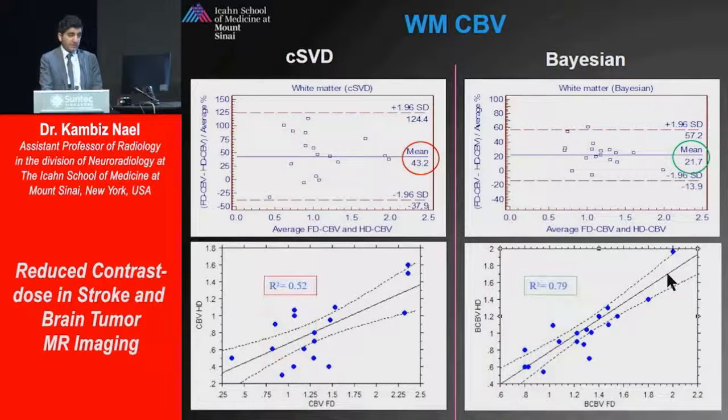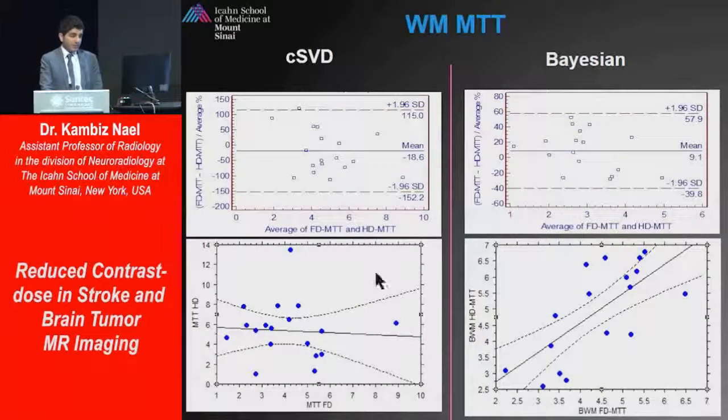Again, for CBV, same finding here, better correlation. And for MTT, there was effectively no correlation when the images were processed with CSVD on half dose. So between half dose and full dose, this is your correlation. And you can see the mean difference between the two was significantly less with the Bayesian technique as compared to CSVD.